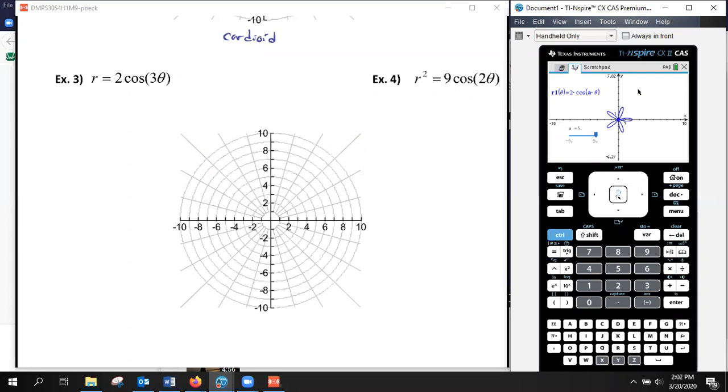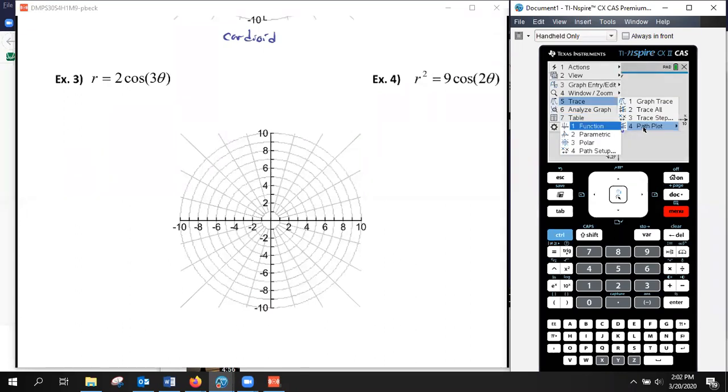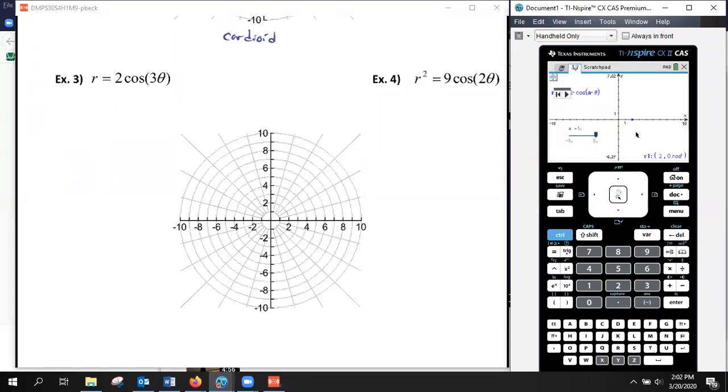Now, for those of you who are wondering why this is going on, tracing kind of will help us see exactly how this is created. So if we go into trace and let's plot the path in polar. So the first loop gets created.